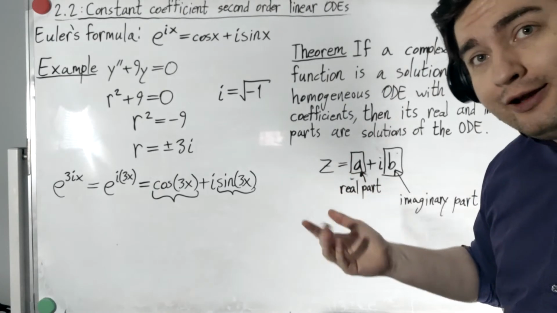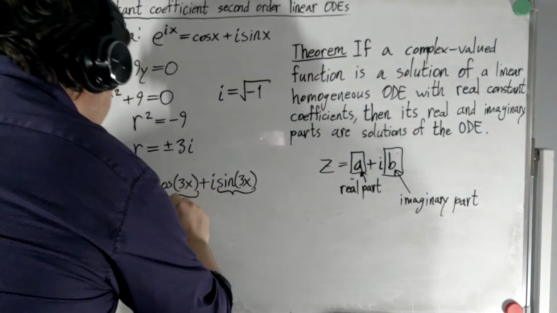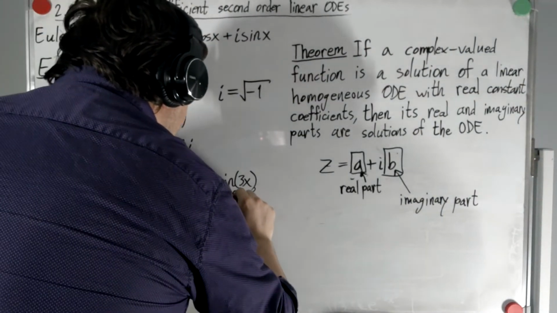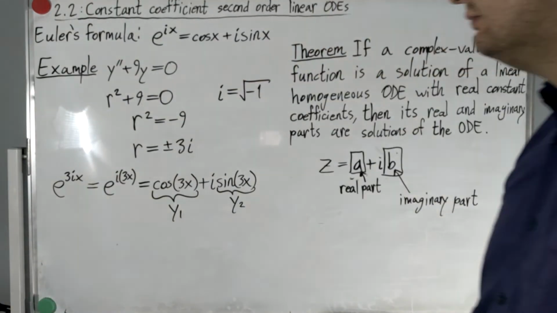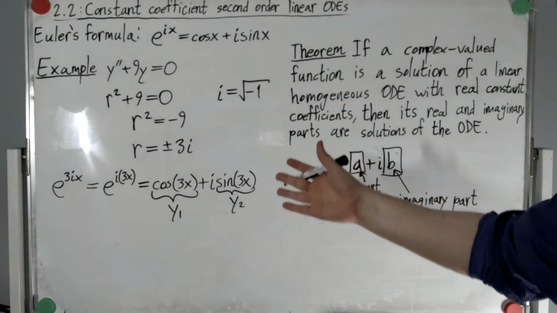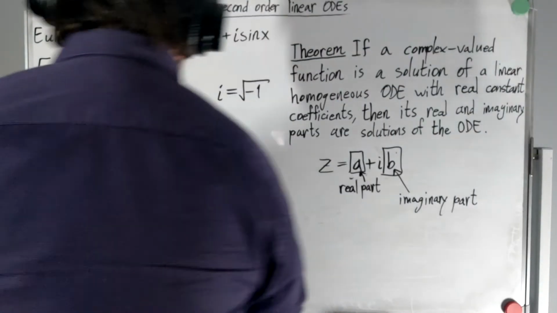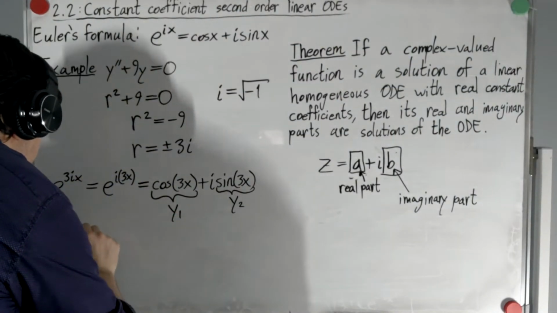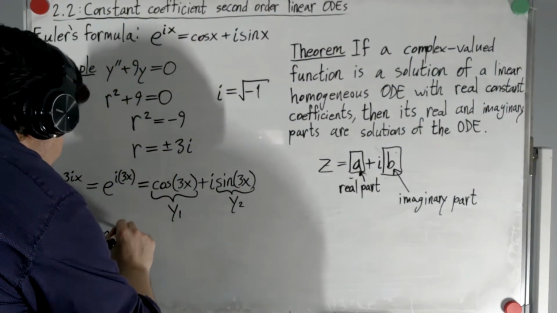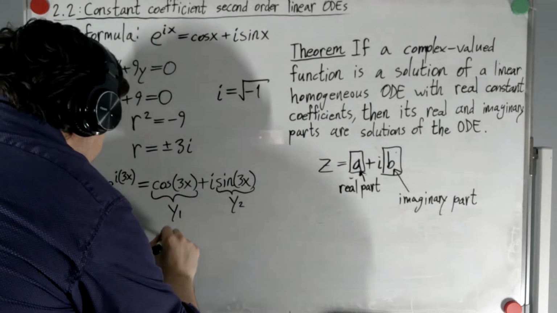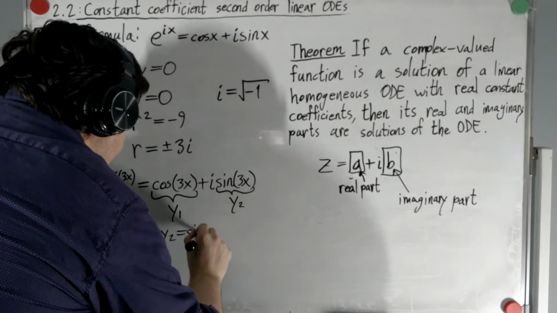And they're real valued. So let's call this y1 and this y2. y1 equals cosine of 3x, y2 equals sine of 3x.